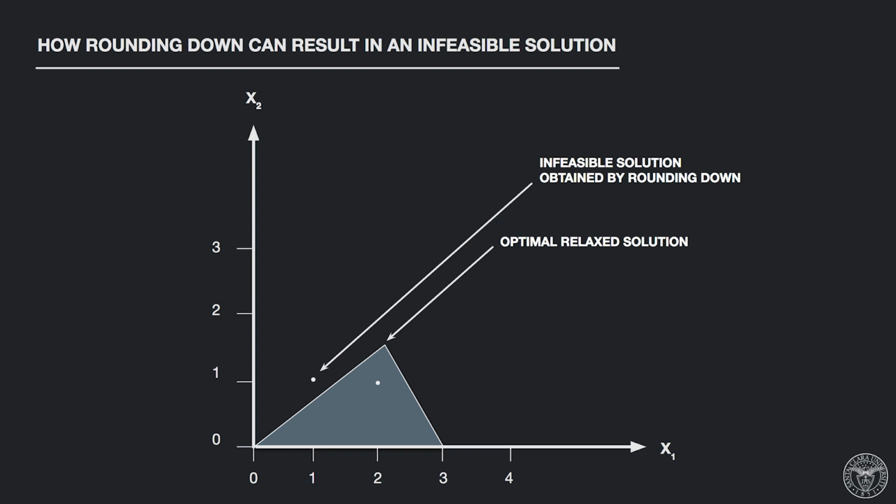But if we just round the optimal solution of the LP relaxation, we are going to get a point outside of the feasible area on the left-hand side of the peak point. And that point is infeasible. So this just shows us that we cannot simply round any optimal solution of LP relaxation to be the optimal solution of integer programming. In practice, because it's very difficult to solve integer programming, you still want to do rounding sometimes. But when can we do that?